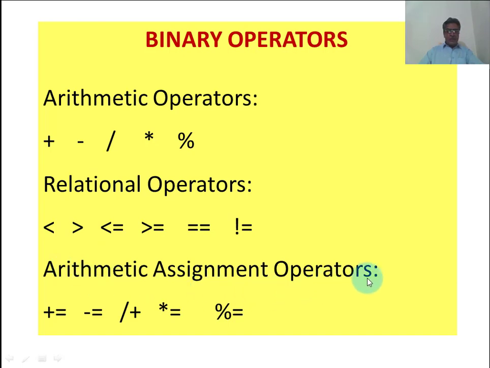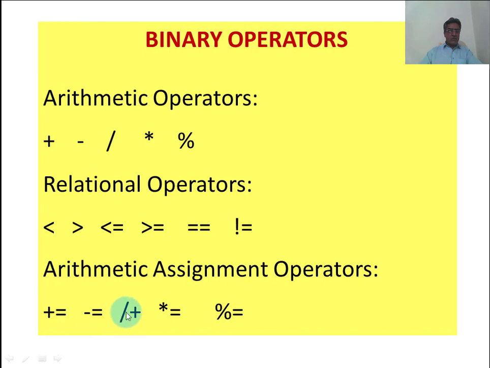Similarly, the third group of binary operators is the arithmetic assignment operators. These are actually the arithmetic operators with the equal symbol, that is, plus is the arithmetic operator, and equal is called the assignment operator. The combination of these two symbols is called the arithmetic assignment operator.